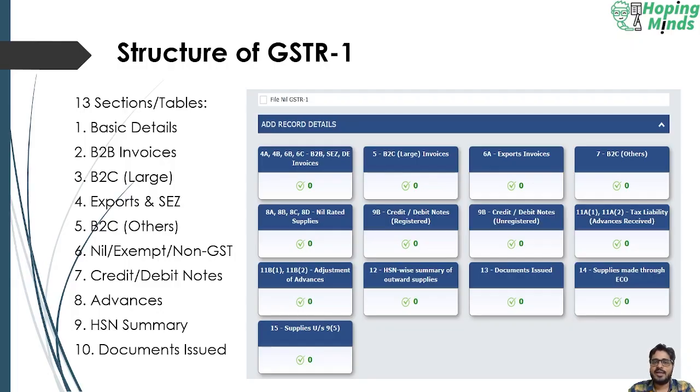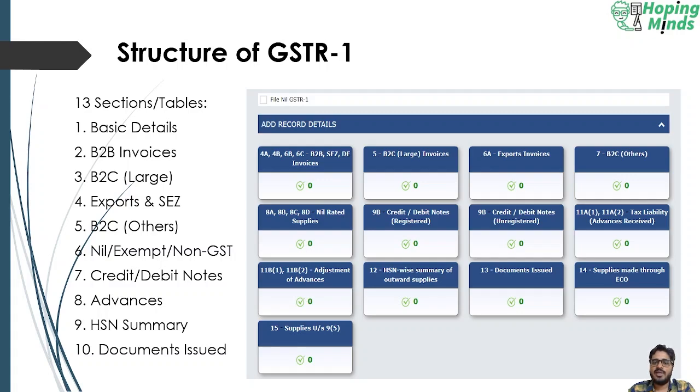Then table 6A contains export invoices, tables 6B and 6C contain SEZ supply invoices and the deemed export invoices. Table 7 contains B2C others, that are small invoices related to unregistered supplies. Then tables 8A and 8B contain nil rated, exempted and non-GST supplies.